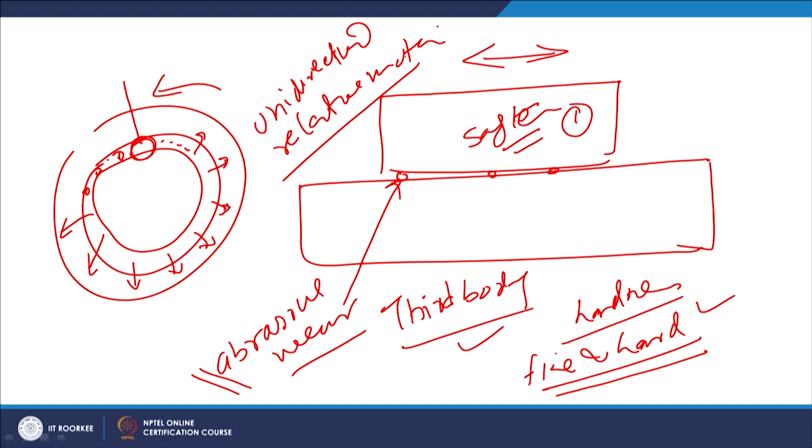This is how we can compare the effect of the type of relative motion on wear. In reciprocating movement, the possibility of a third body between the mating components is more as compared to unidirectional relative movement.